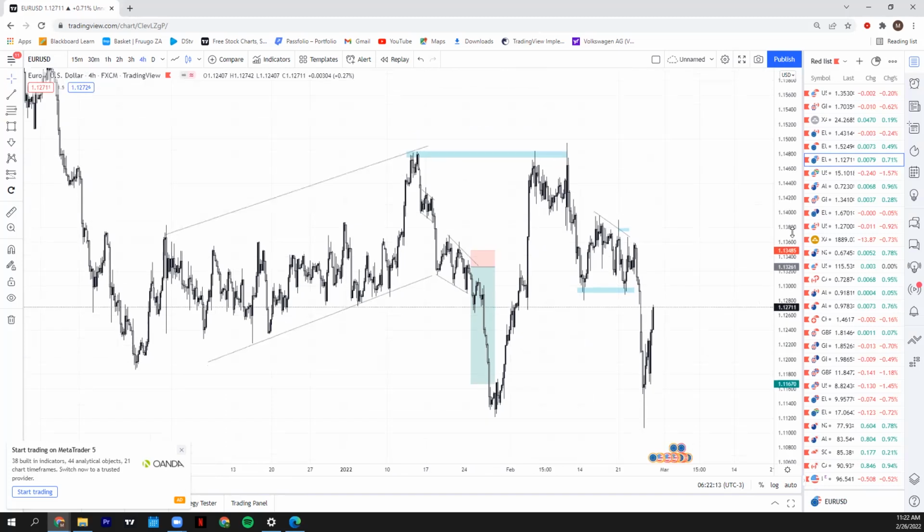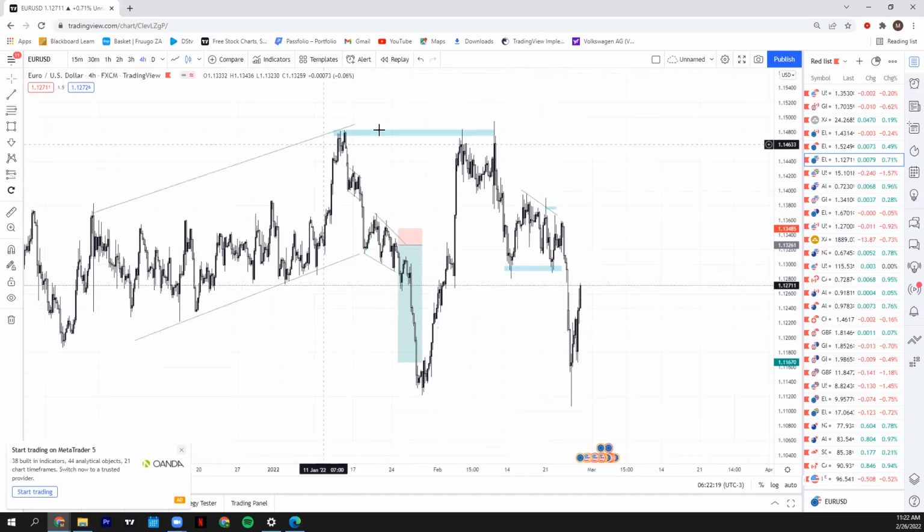So I'm not gonna go back to my Google Drive to show the screenshot, but as you can see, it's the same thing. We have a dedicated double top and the price sold off, creating this huge impulse, and we had a correction. It's a bit of a mess, but it's the same thing.